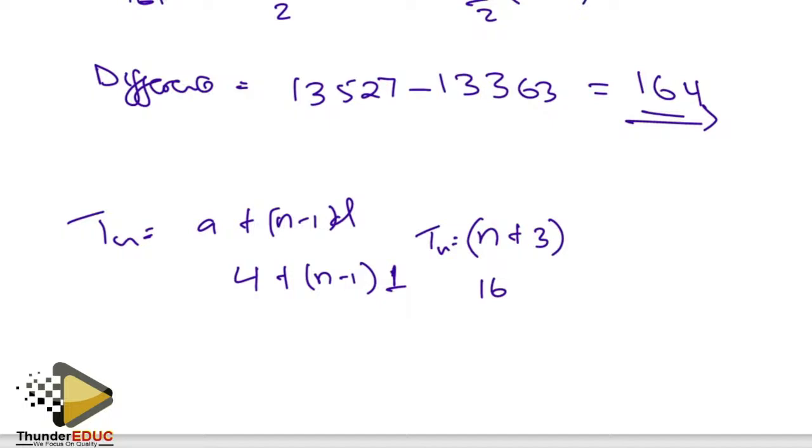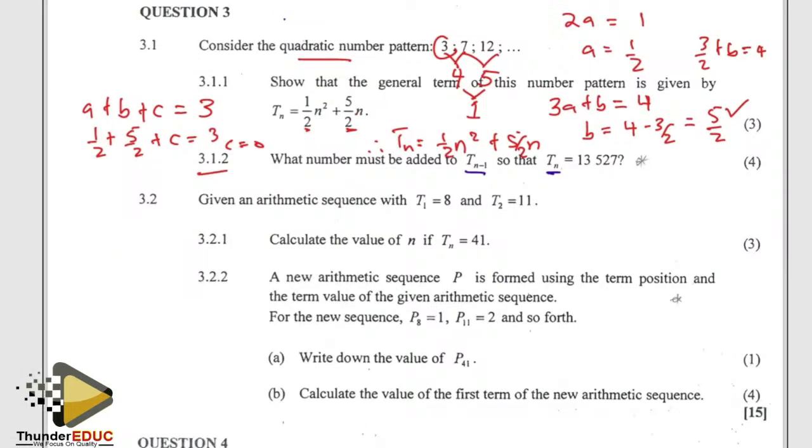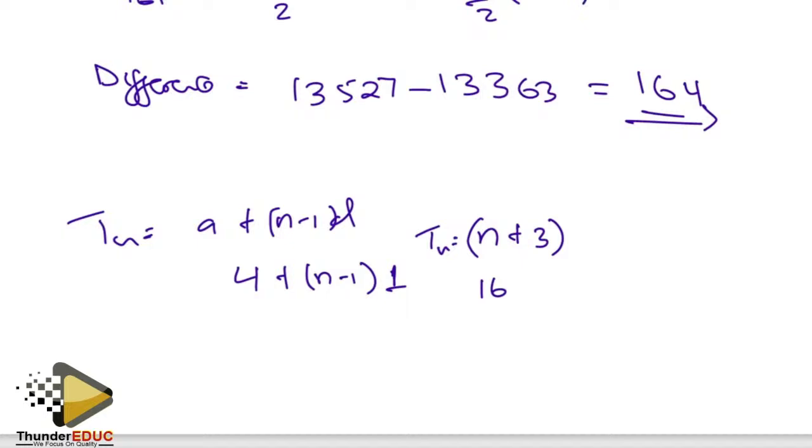No, it's already done, because we're looking for the Tn in a position of 161. Apologies, guys, my pen is acting up. So we're saying the position is 161 plus a 3, and that gives us 164 as our answer.